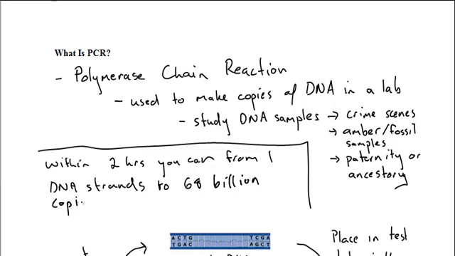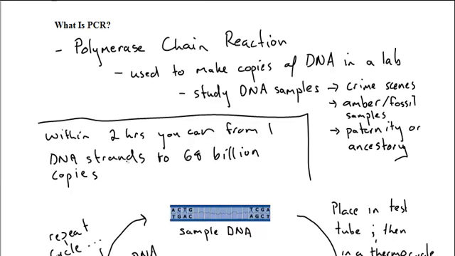And then you can take a bit of your sample and hold it aside so that if you ever run out, you can just PCR it again and take all the rest and use it for whatever other experiments you want to do.